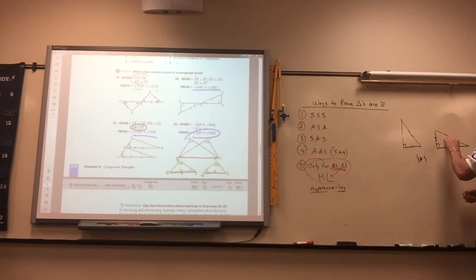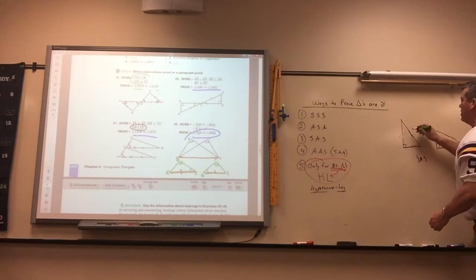So why aren't those HLs? This one that I just had here, because I don't know the hypotenuses. The hypotenuse is the longest side, the one opposite the 90. But I do know side angle side on both of them. So if it's HL, it's got to be right, and you do need to know the hypotenuses.